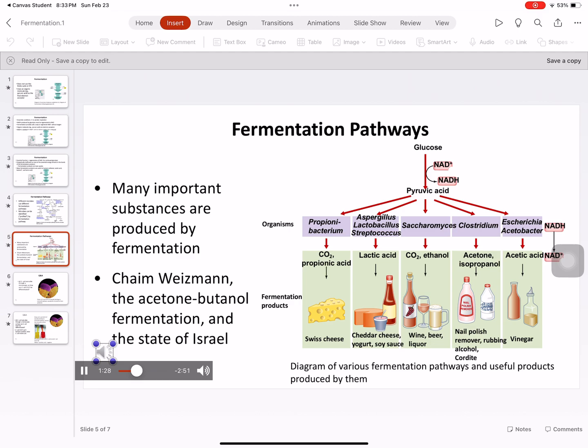We'll save the clostridial fermentations until last. We also have bacteria that ferment to give acetic acid. So E. coli, Escherichia, and Acetobacter ferment and give acetic acid to produce vinegar.